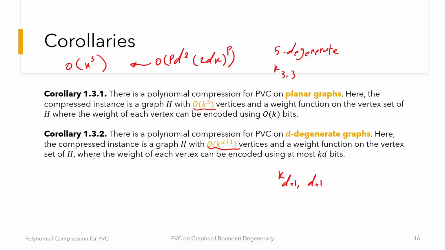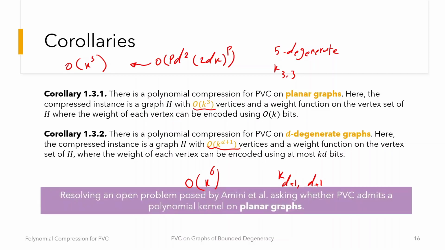The second corollary for planar graphs would give us O(K^6), and it's worse than the first corollary, so the first corollary is kind of stronger. And also, this is resolving the open problem posed before, and there was no polynomial compression for planar graphs and also for degenerate graphs.